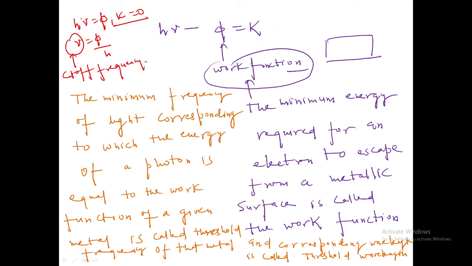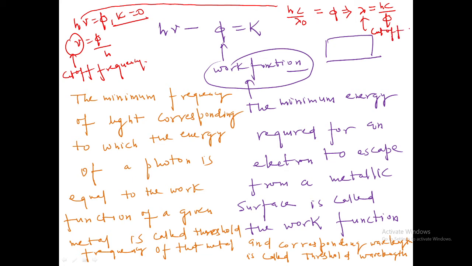So we can also write this equation as hc upon lambda naught is equal to phi, which implies lambda naught is equal to hc upon phi. So this lambda is known as cutoff wavelength. Okay, cutoff wavelength.